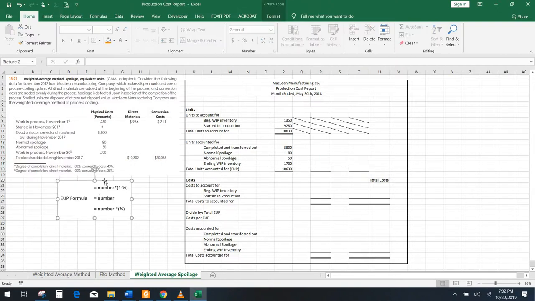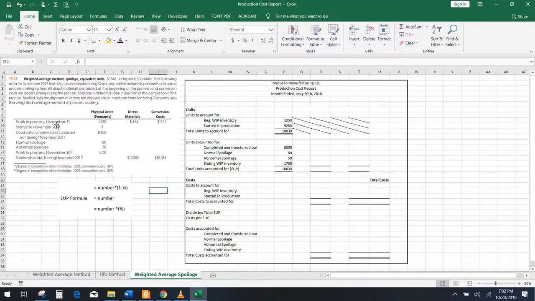Remember this formula that I used in previous videos. We're not going to worry about this number up here because we have a weighted average problem, so we're just going to use these two numbers here. So let's go ahead and put in the percentages. Percentage of completion for the work in process. Oh, I forgot to put, this is physical flow. This is direct materials.